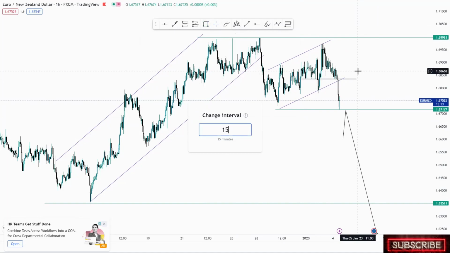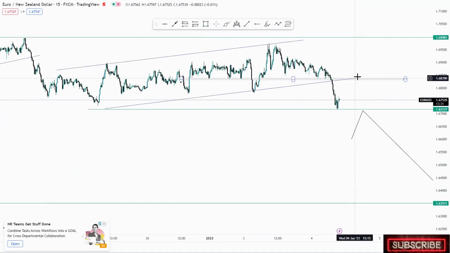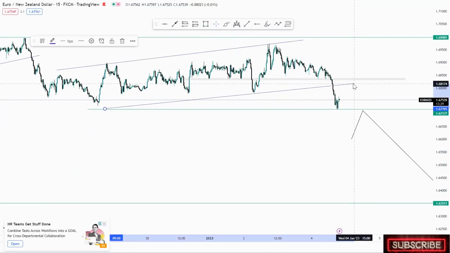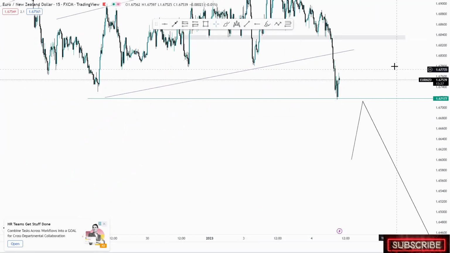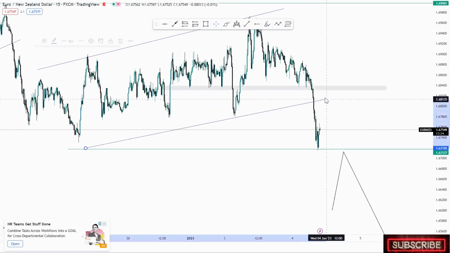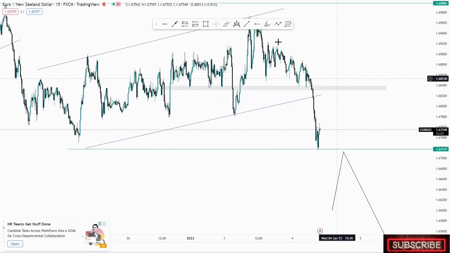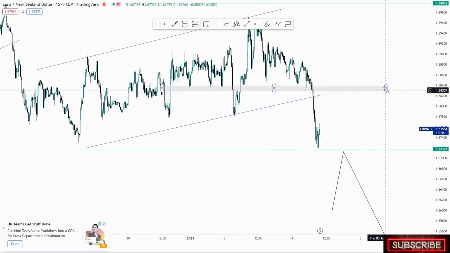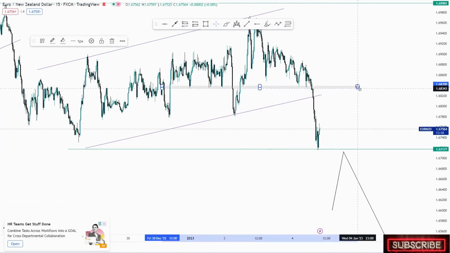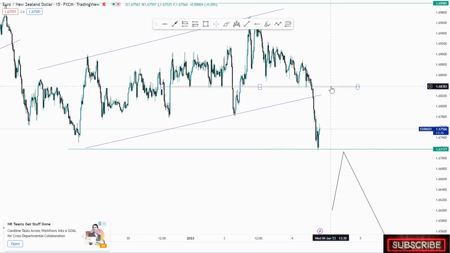So if you go to the 15-minute, you will see exactly what I'm talking about here, which is what we have. And then let me just fix this. So yeah, this is this minor gray level. That's where the market could give us the retest from, or even at this trend line.